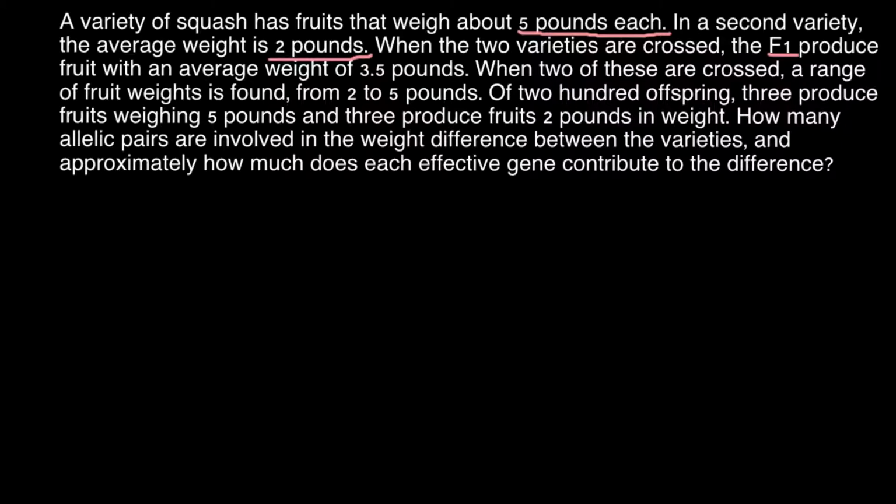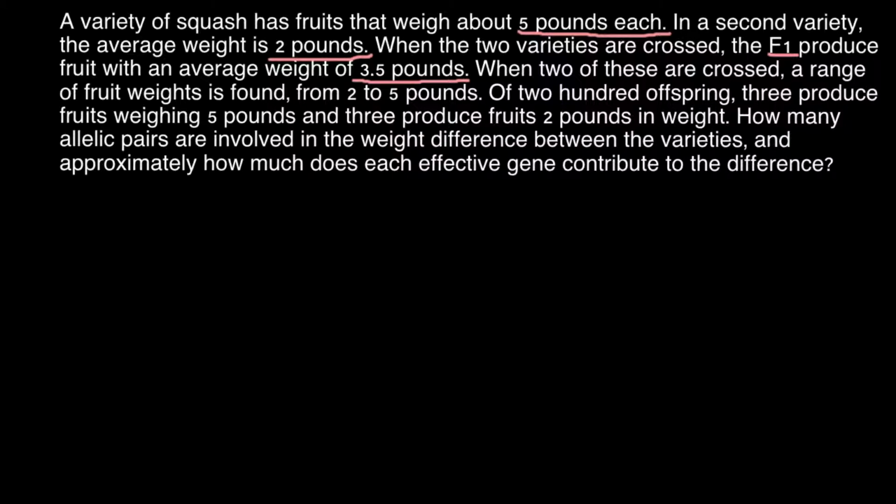So we cross these two varieties and get fruits of uniform size, weighing about 3.5 pounds. But when we cross this F1 generation, self-pollinate, in the next generation we would have a variety of sizes between 2 pounds and 5 pounds.